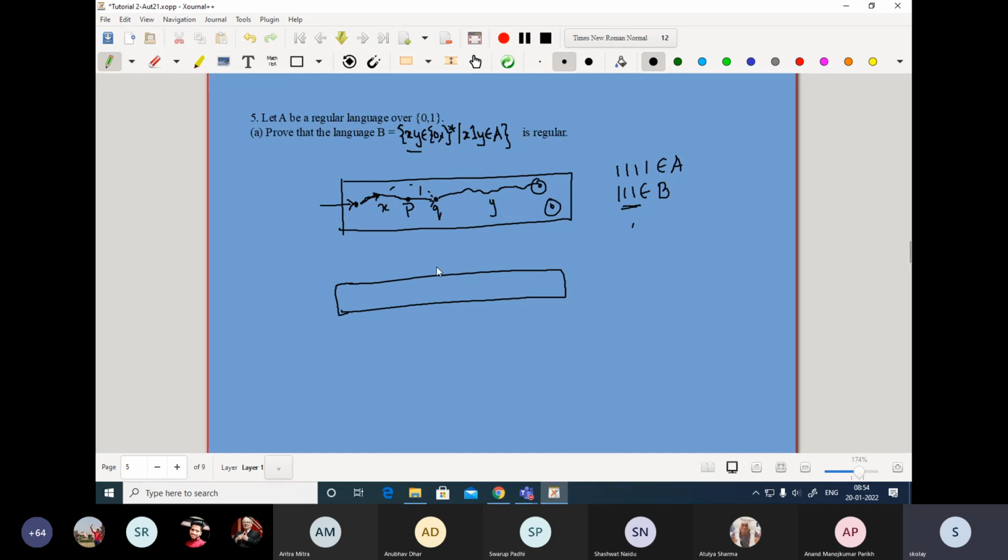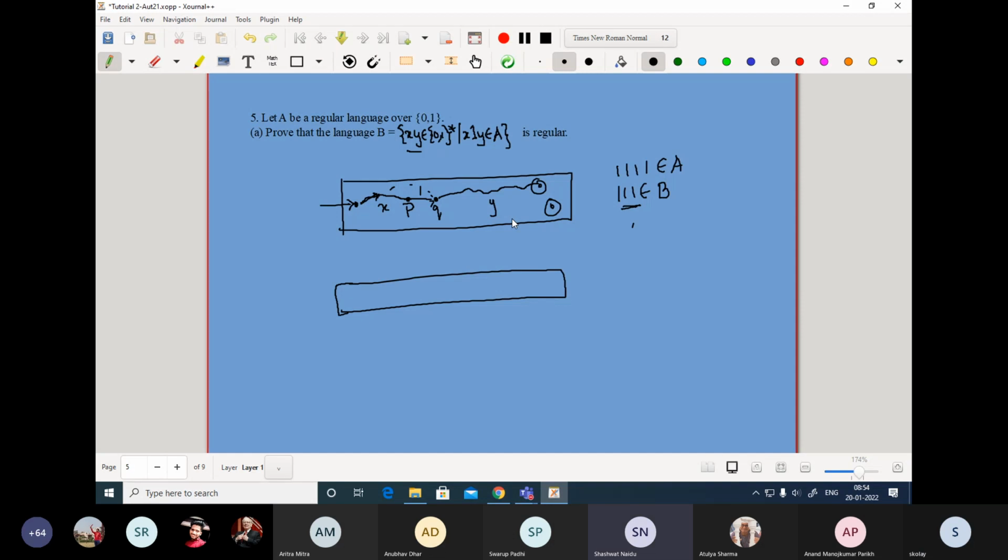But maybe if each edge has a 1, I don't know. I'll have to think about it. I don't even know whether if I put an epsilon instead of these ones, A union B is accepted or you can accept something more. But definitely B is not accepted. You can also accept things from A.